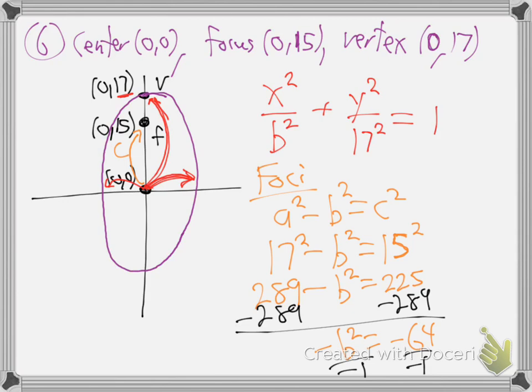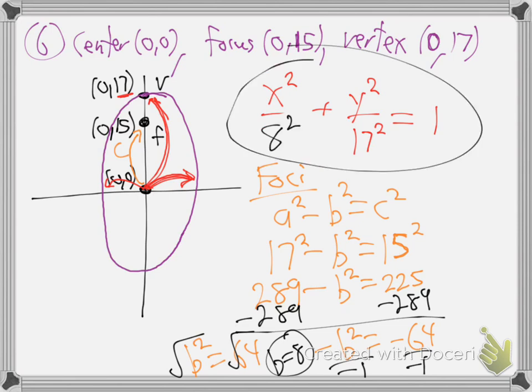So therefore, B squared is positive 64. I divided by negative 1, so B squared is positive 64. And then root it. B is 8. So bring it back here. This one is going to be 8 squared, and there's the equation. We got the equation.